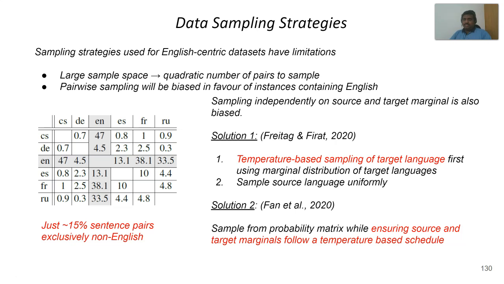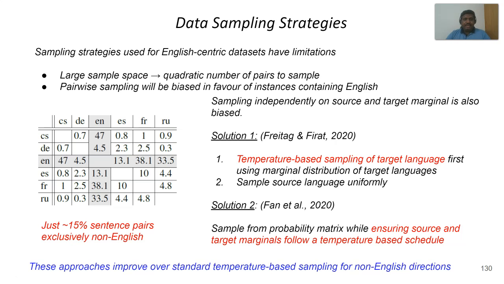The second solution is based on the same motivation but takes a more principled approach. We sample from the probability matrix of distribution of the language pairs while ensuring that the source and target marginals follow a temperature-based schedule. Both these approaches have shown improvement over the standard temperature-based sampling for non-English directions.